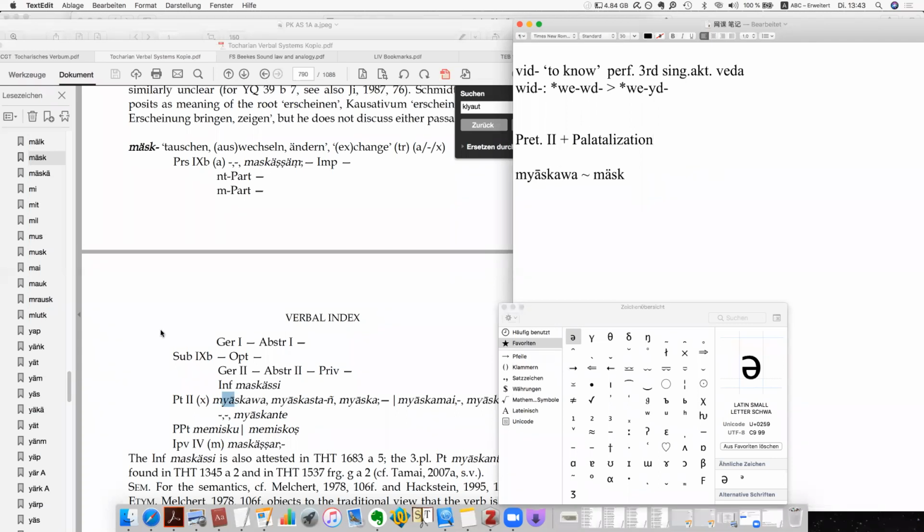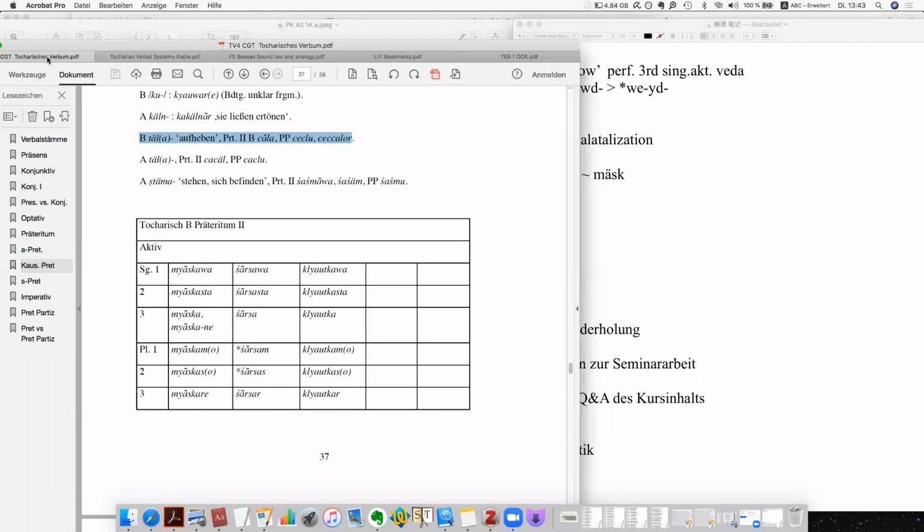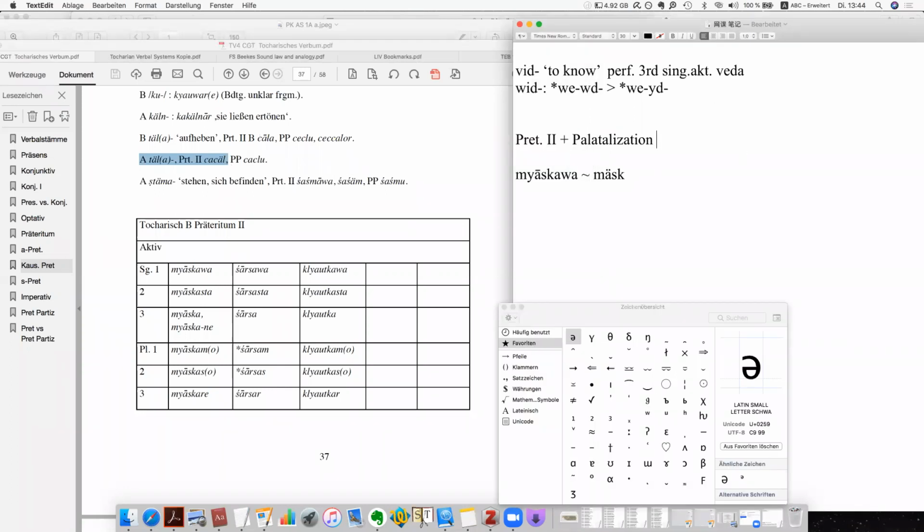And then if we check the participle and the A form, we know this class has reduplication as well, right? So palatalization plus reduplication. Okay, so this is actually the sign or the marker of this class.